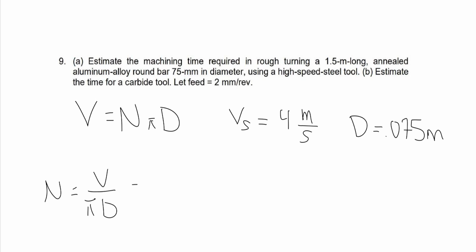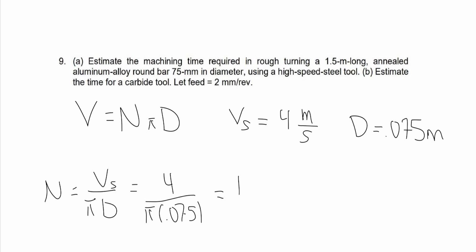So let's go ahead and plug in. So once again, our velocity is the velocity of the high-speed steel. So that's going to be 4 meters per second over pi multiplied by 0.075. And N is actually going to come out in revolutions per second.